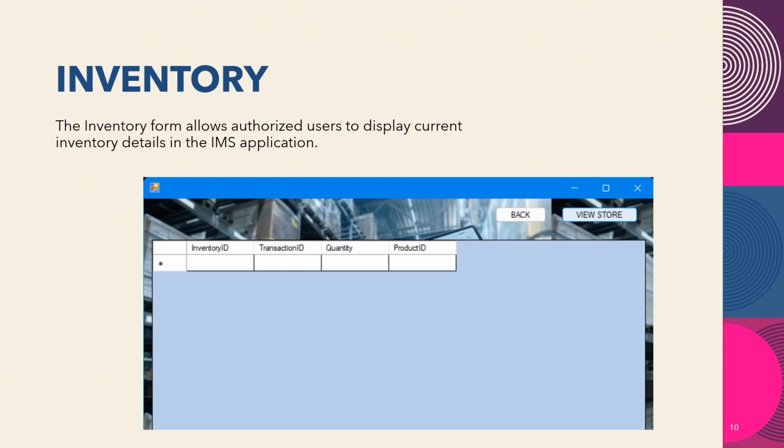Quantity depends on whether the transaction type is a purchase or a sell, and it will add or subtract. The product ID comes from the product table, and here we use two foreign keys and one primary key. When we click the view store button, we can see our current stocks.